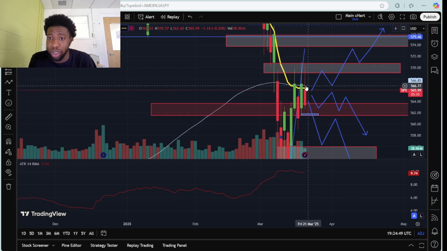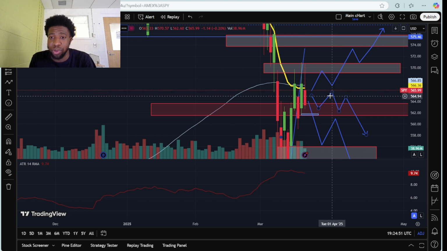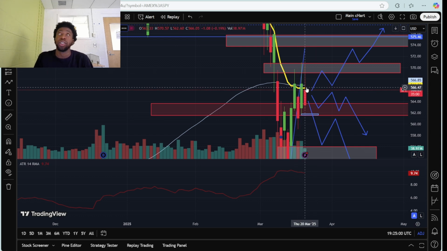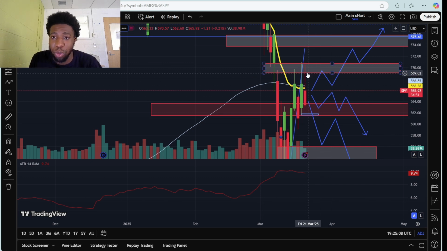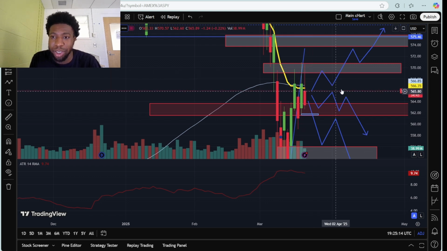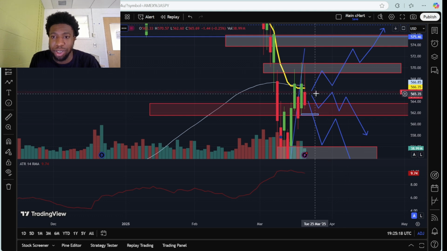My 100 EMA is basically right there, so I feel like those are two very reputable indicators, and they're right there. So it breaking past or holding is a big sign, and we will see what the market does, I guess.